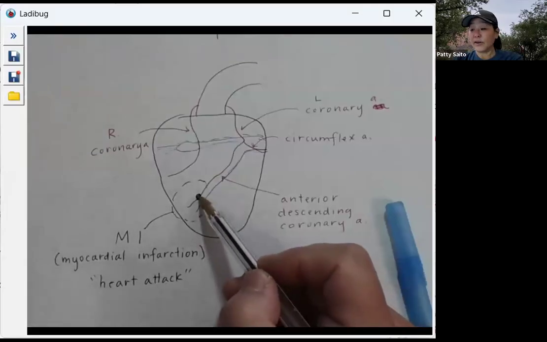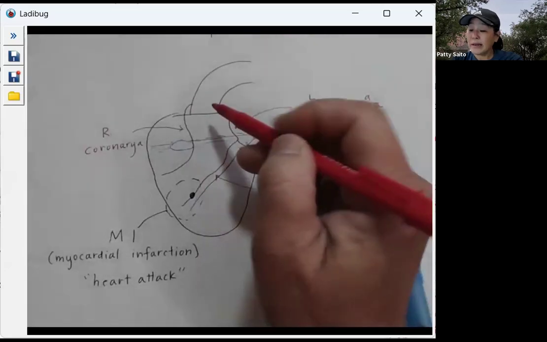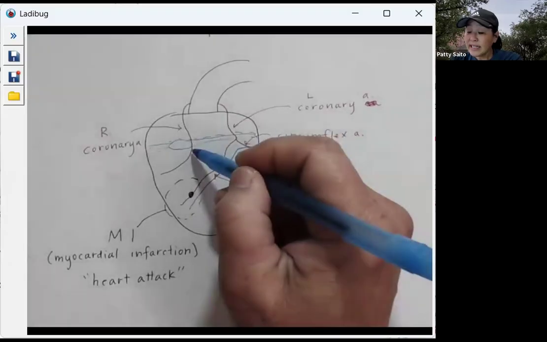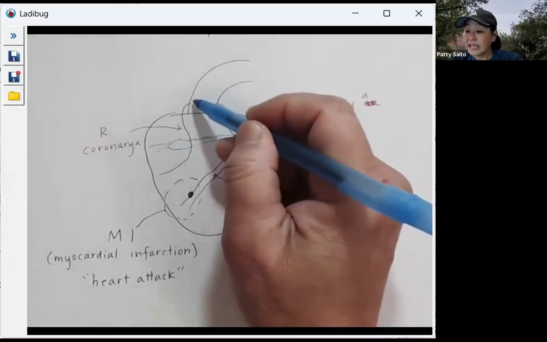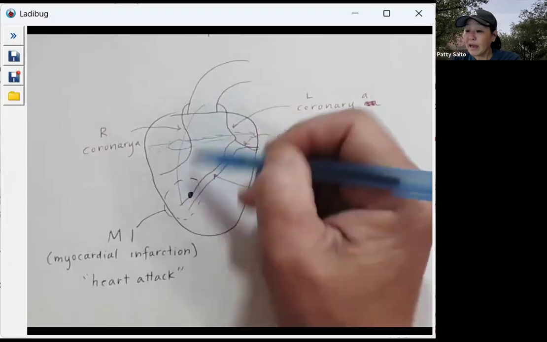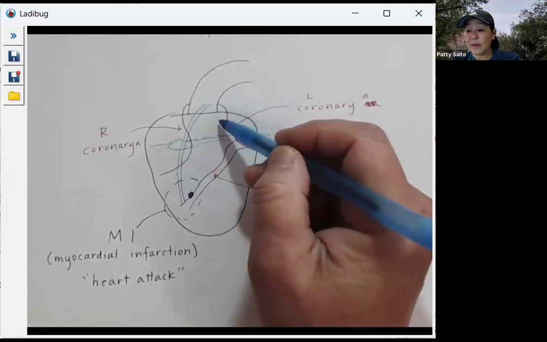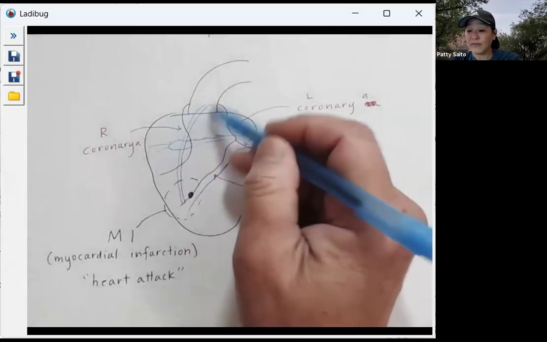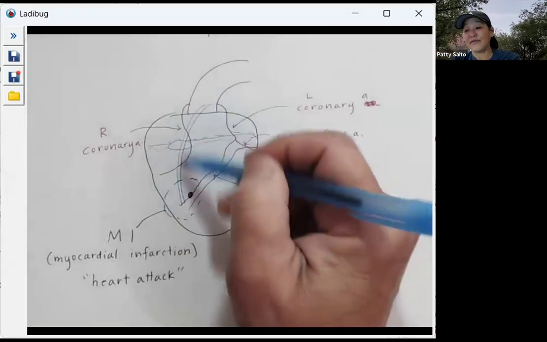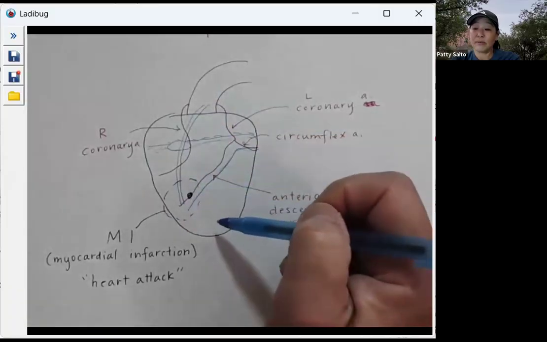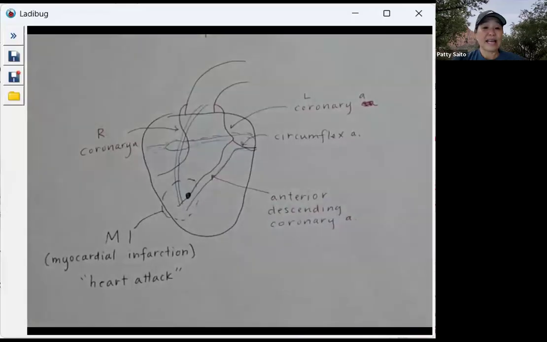If you can't clear it, sometimes they'll do a bypass surgery where they take vessels and they bypass the blocked area like that. So a triple bypass would be three vessels. They usually take a vein from like your leg and then bypass the blocked area. Okay, so that's what would happen.